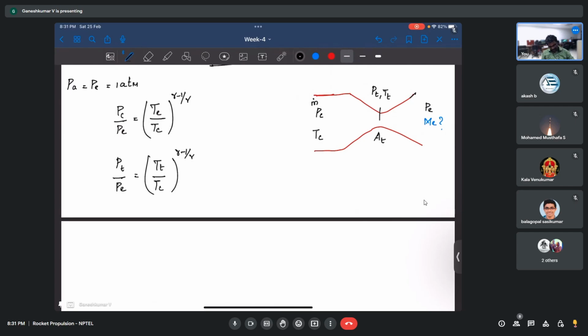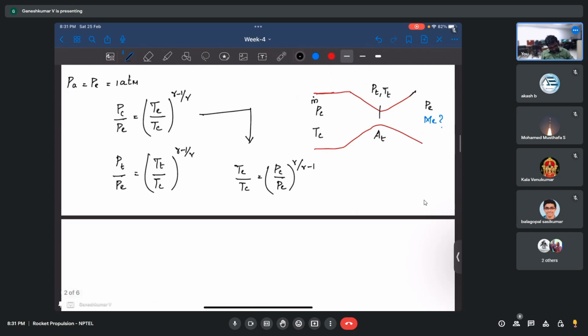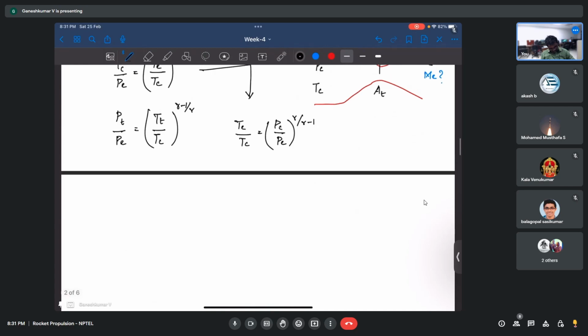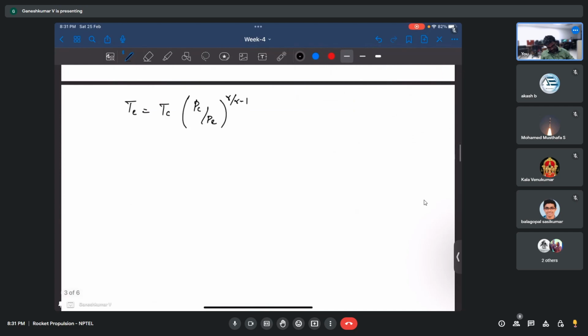Let's use this to find the exit temperature. Or you can use this also. Anyway, it's going to give you the same temperature. So T exit by Tc is going to be Pc by P exit. Now you can write T chamber times P chamber. So 3670.